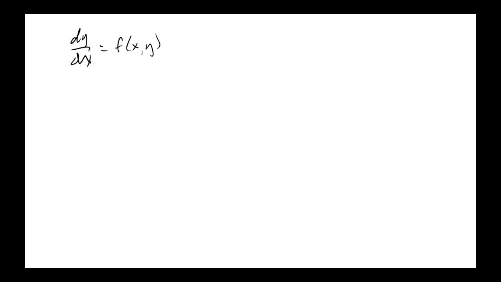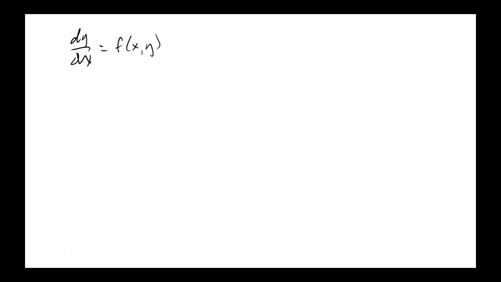Rise over run. Which is? Slope. Yeah, this is the slope of a tangent line. The slope of a secant line for deltas, tangent line when that delta has become a d, incremental, infinitesimally small.